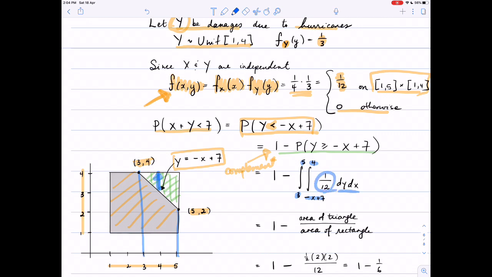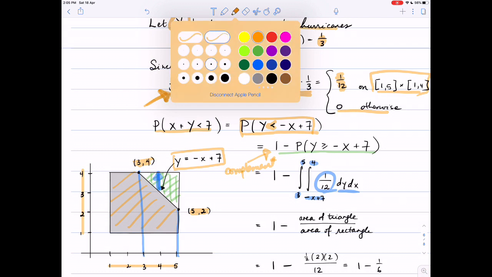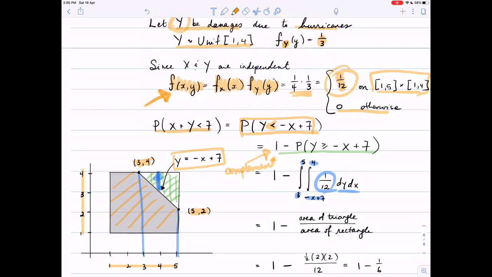And absolutely we could do that. But a much simpler way of proceeding is to recognize that this is just a constant. And the same way that for a single variable, if you have a constant, you have a uniform distribution. This is called a joint uniform distribution.